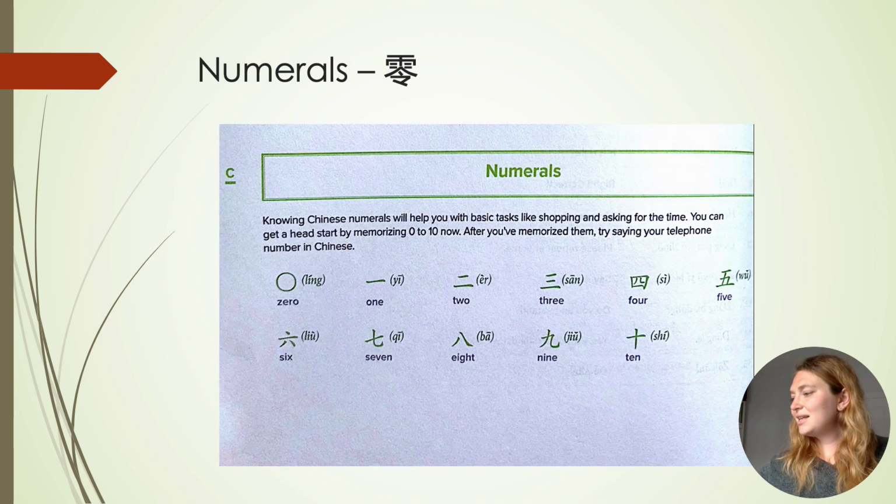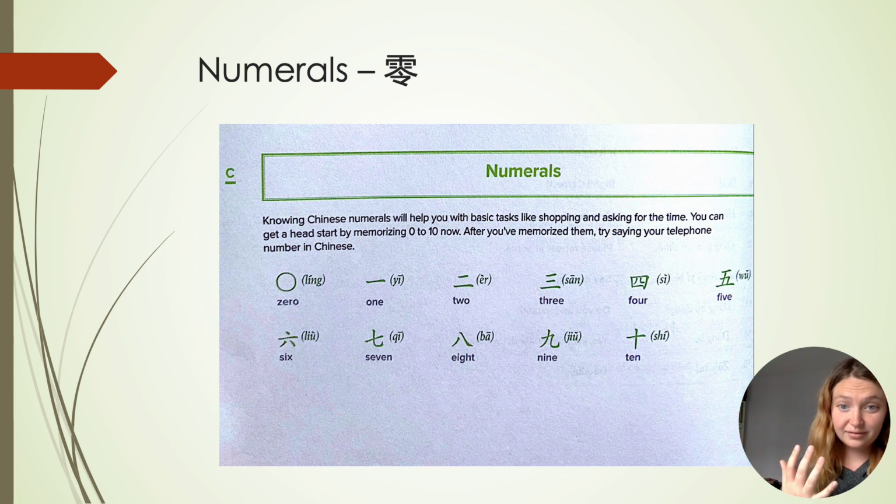Okay, I'm going to skip ahead because on pages 19 and 20 there are some classroom expressions and survival phrases that I'm going to leave to you to listen to on your own, and we will practice them together in class. Skipping ahead to numerals, I also wanted to show you that there's sign language that goes along with numbers that makes life in China quite easy.